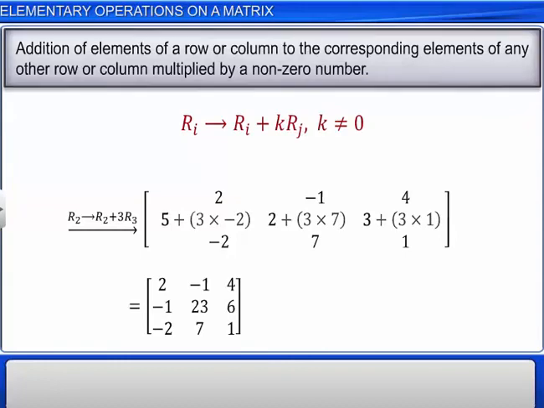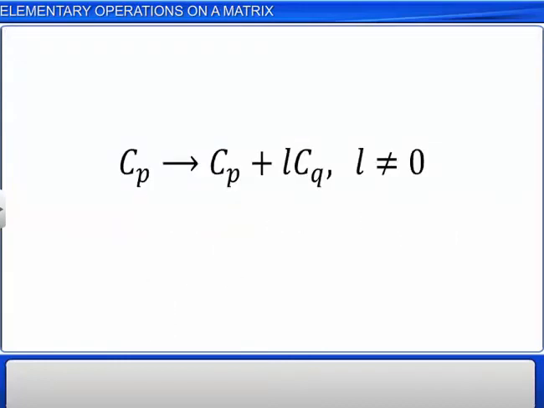A similar type of operation over the columns of a matrix is shown here. In this operation, we are replacing the elements of the pth column with the corresponding elements of the pth column, plus the elements of the qth column multiplied by a non-zero constant l.